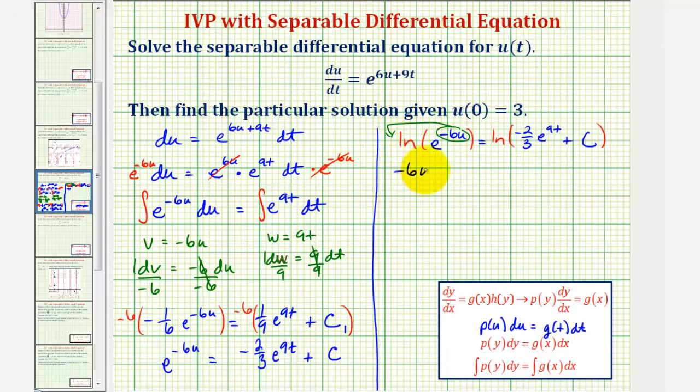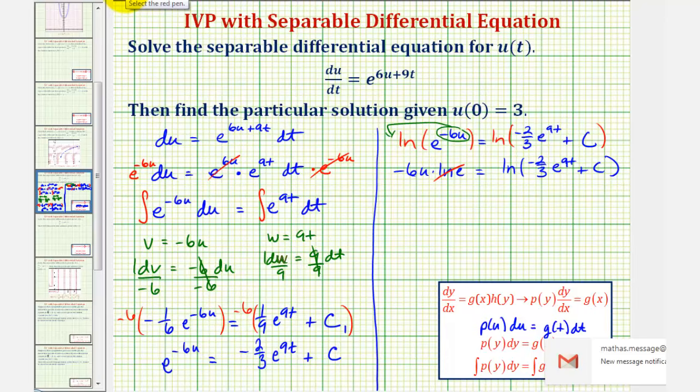So negative 6u times natural log e equals natural log of negative 2/3 e to the 9t plus c. And since natural log e is equal to 1, we can solve this for u by dividing both sides of the equation by negative 6, or multiplying both sides by negative 1/6.